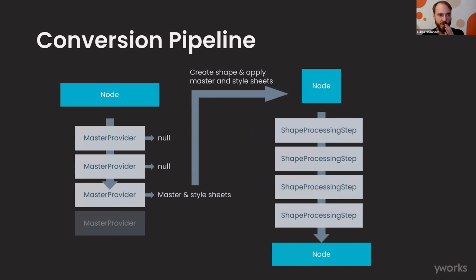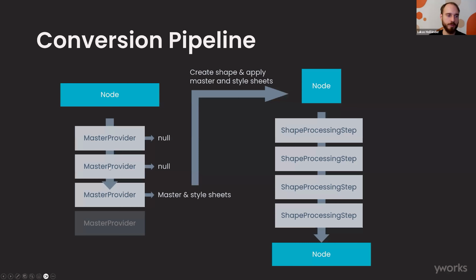And in order to be able to customize how yFiles items are converted to Visio shapes, the VSDX export has basically two conversion pipelines.